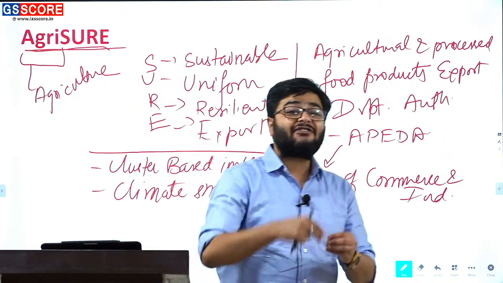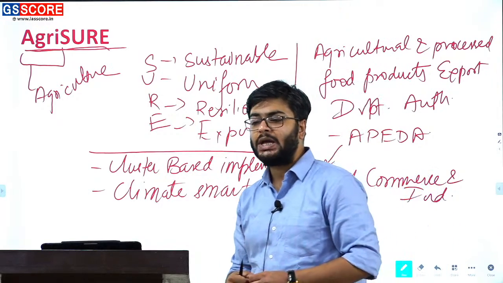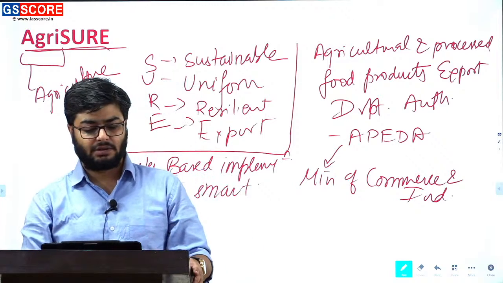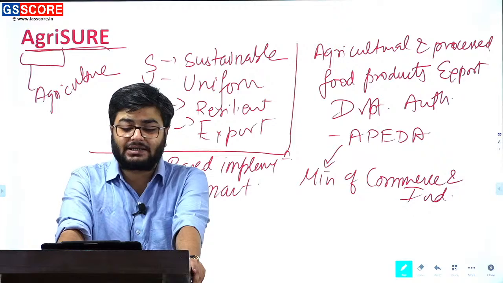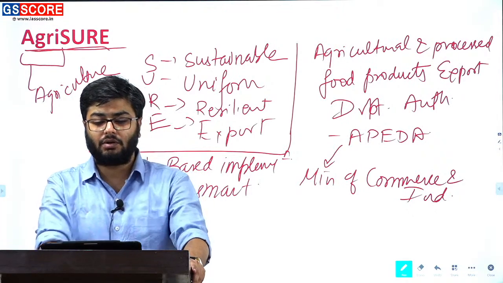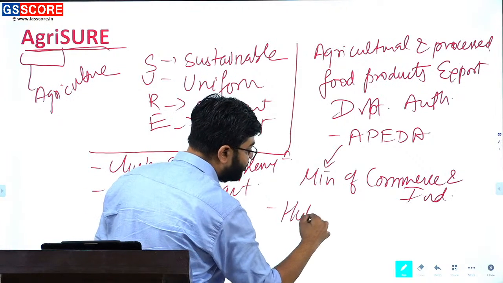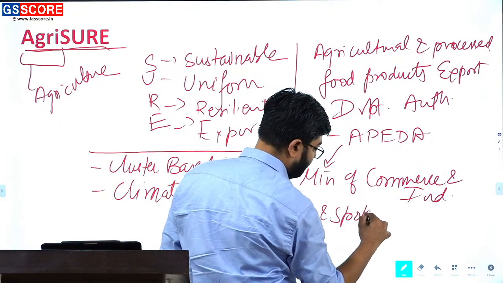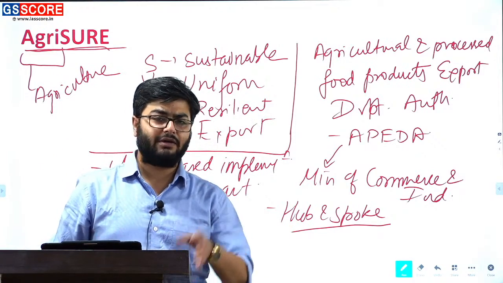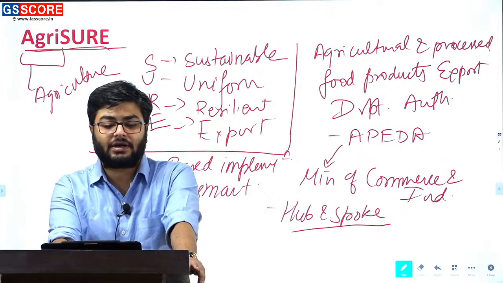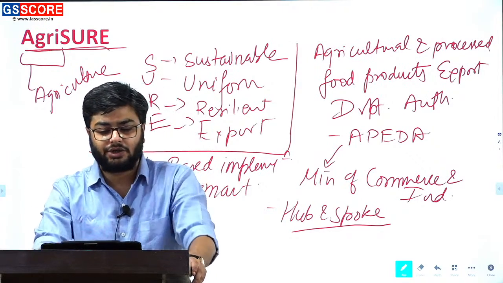So your FPOs, small and marginal farmers, agri startups are there. It's a central sector scheme, and the delivery happens through a hub and spoke model, where you have nodal district clusters and FPOs as the last mile unit.